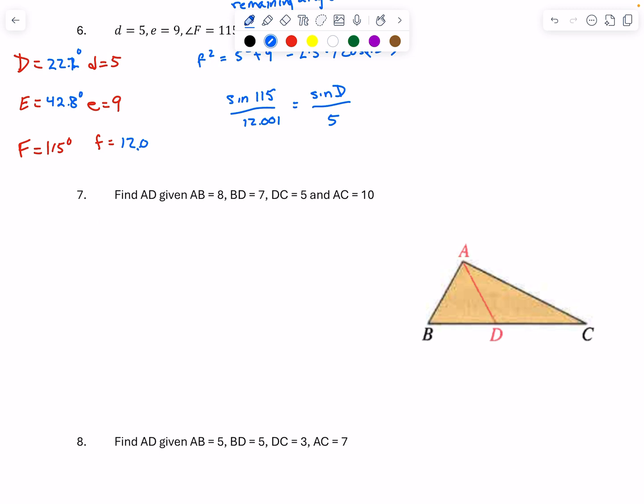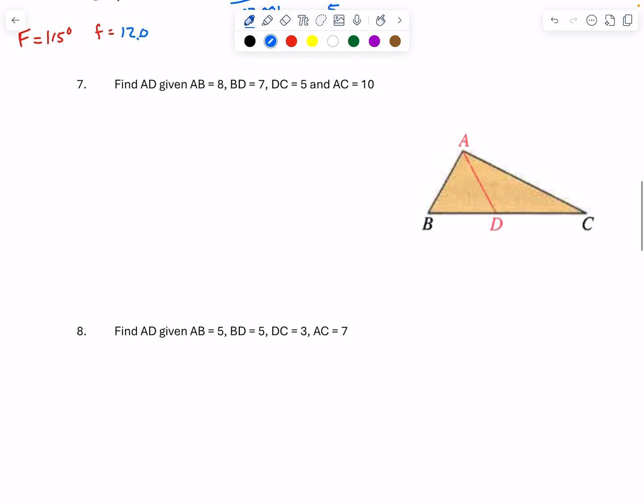Okay, so the trick to these is we're going to find, let's see, AB is, and just draw it like this. AB is 8, BD is 7, DC is 5, and AC is 10.